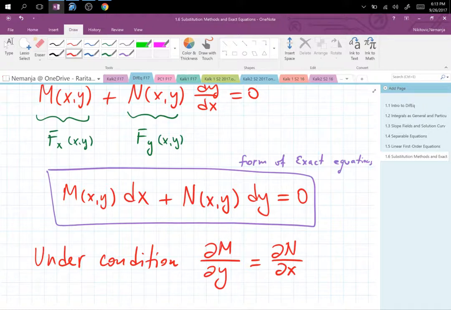You have to check this every time, because if this doesn't hold, you cannot use the procedure for exact equations, because the equation is not exact. So the equation is exact when this condition is satisfied. You can rewrite the problem, we'll see how that's done, in that form, and then you just crank the procedure. Bueno? Good.